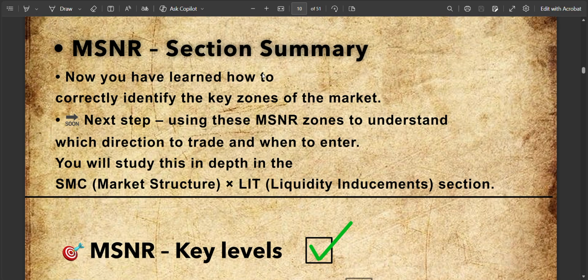The MSNR section summary is like this. Now you have learned how to correctly identify the key zone of the market. Next step, using this MSNR zone to understand which direction to trade and when to enter. You will study this in depth in the SMC market structure, liquidity and inducement section.